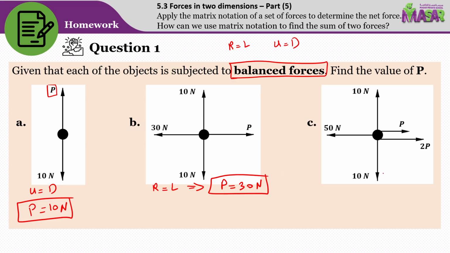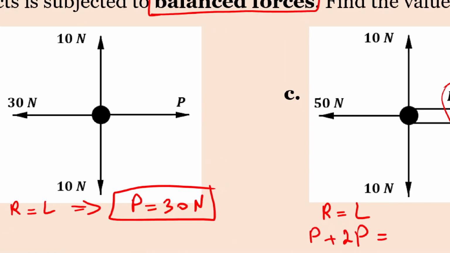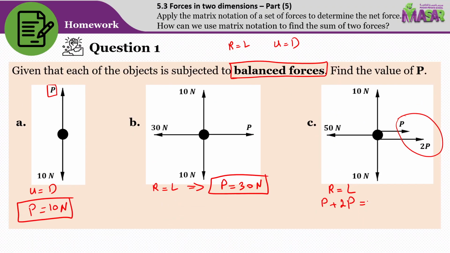For part C, again we're gonna use right equal left because we are dealing here with balanced forces. On the right-hand side, we have P and 2P, which is equal to the left. The left here is only one force and it's equal to 50 Newton. Now, this is an equation with an unknown.